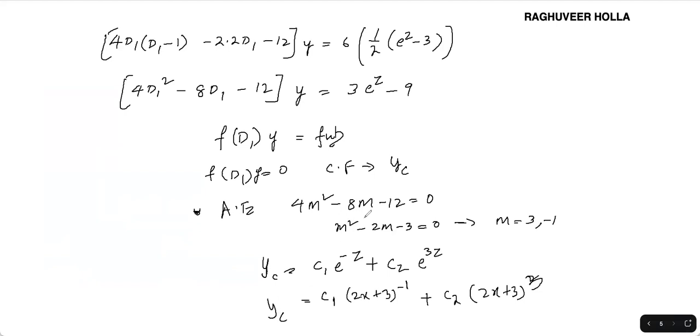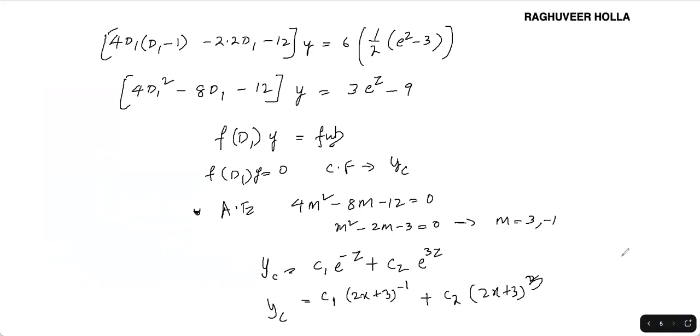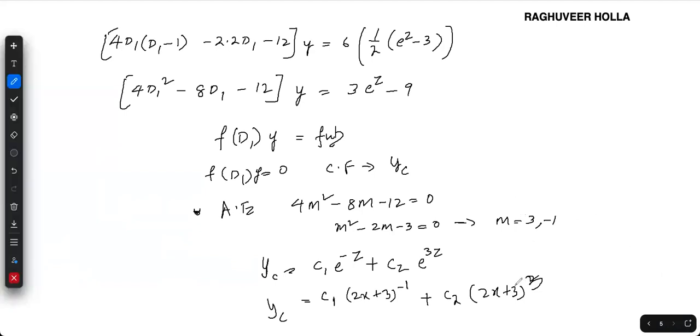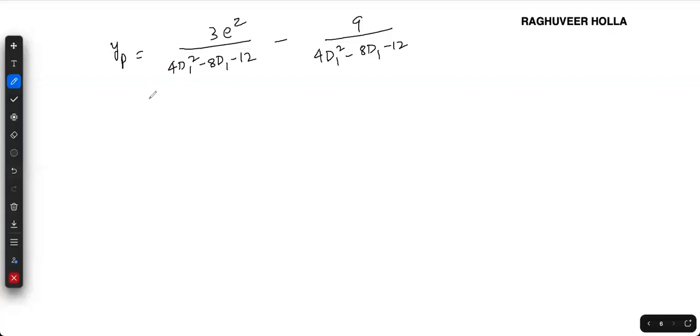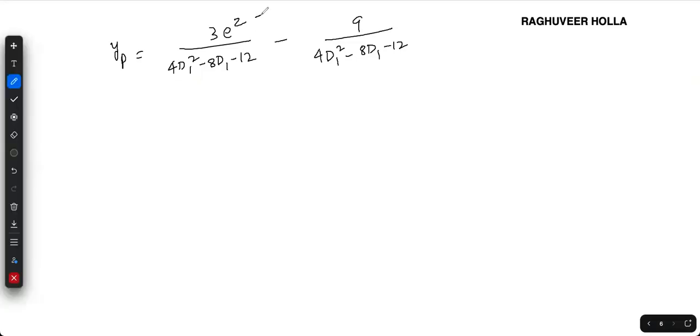Now let's do yp. So this is your yp. You are substituting D1 as 1 here and D1 as 0 here.